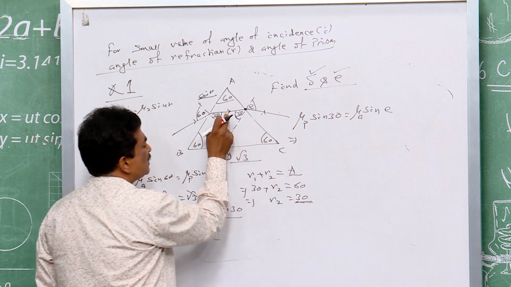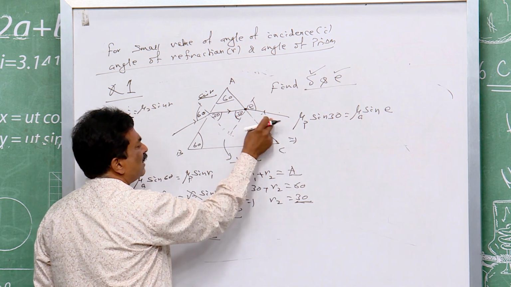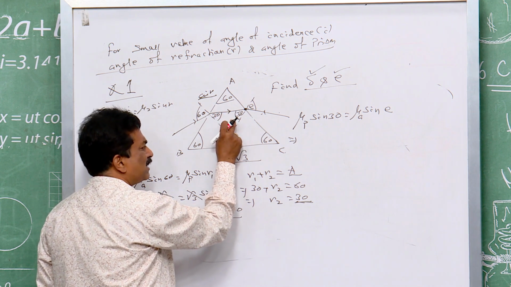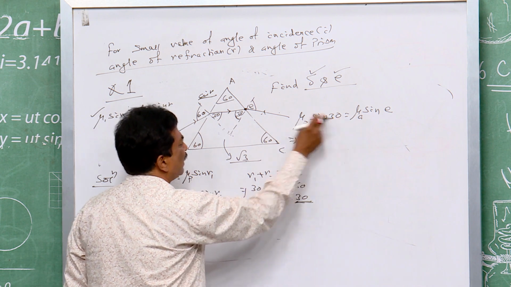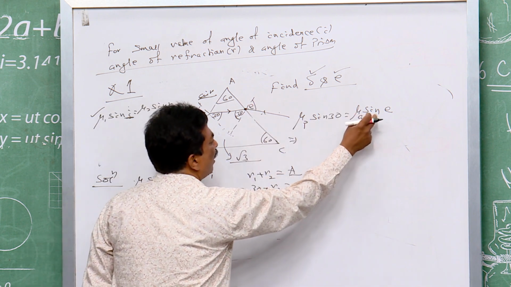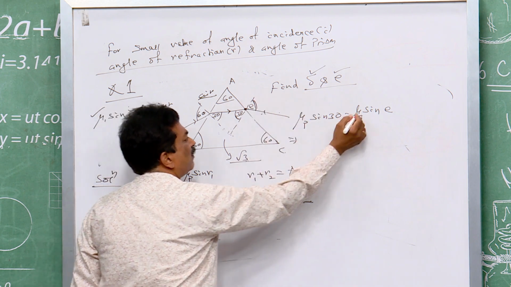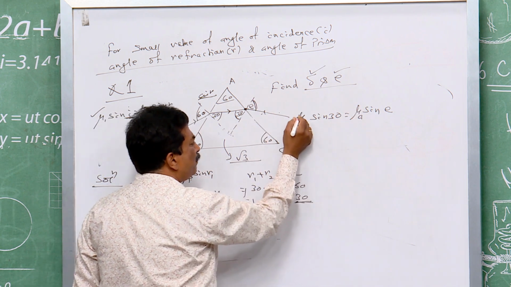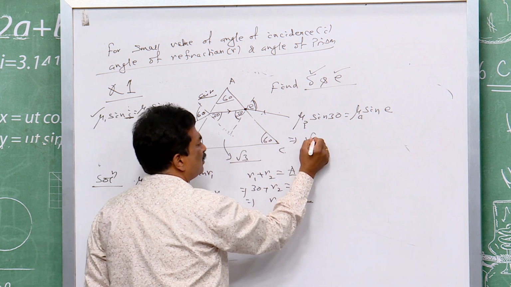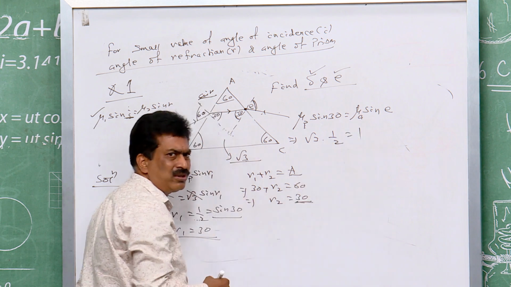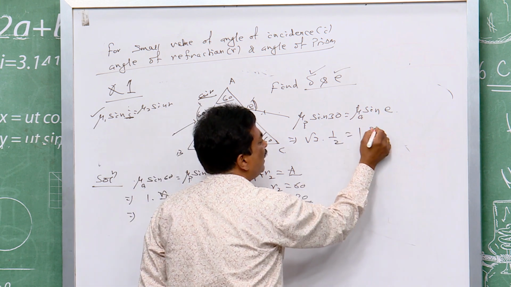Because this is the incident and this is the refracted, by Snell's law, μP sin 30 is equal to μA sin e, because this e is in the air medium. The refractive index of the prism is √3, sin 30 is 1 by 2, μ of air is 1, and sin e.